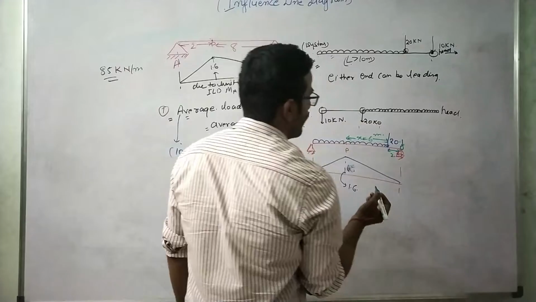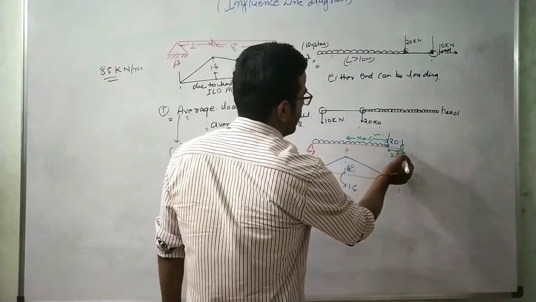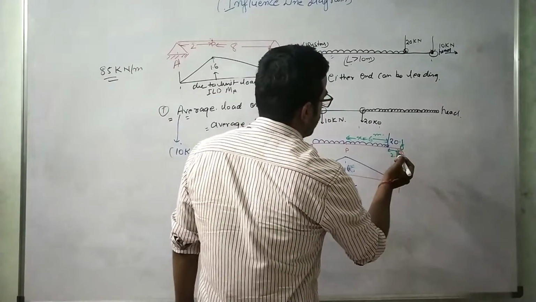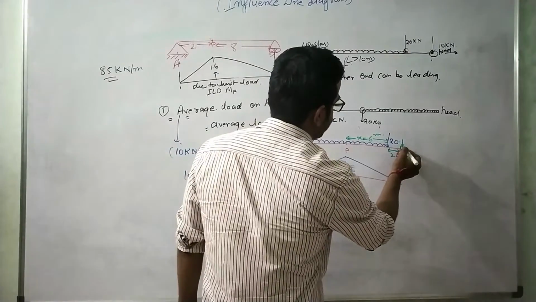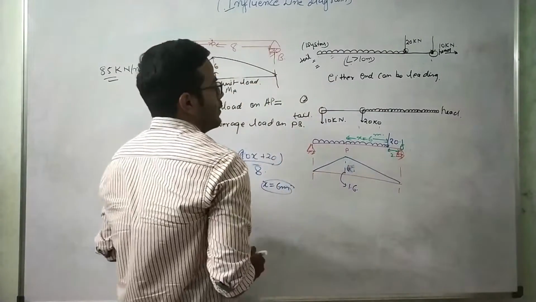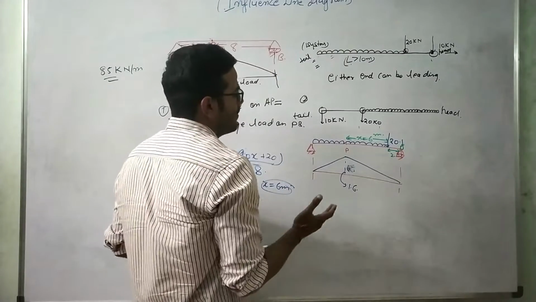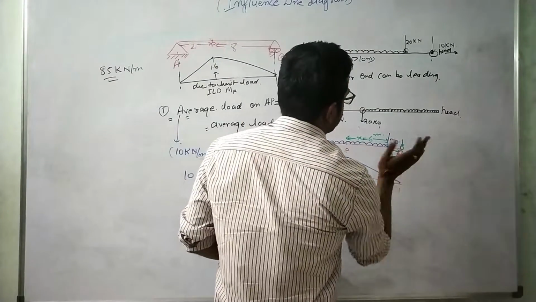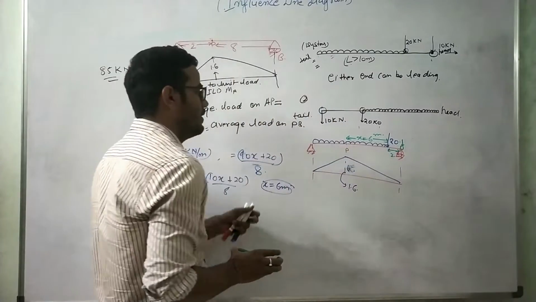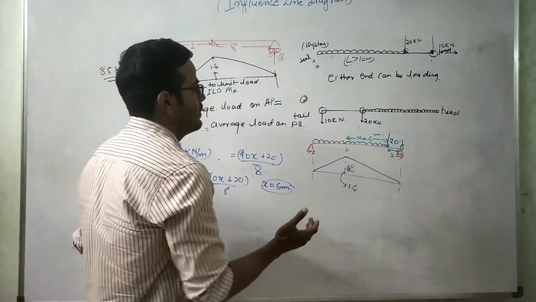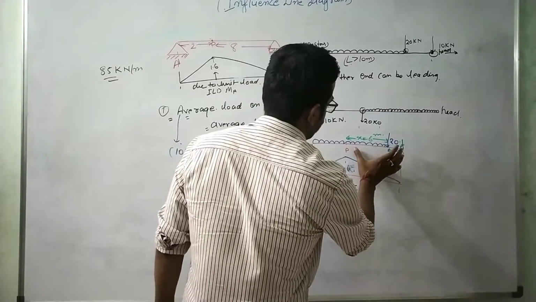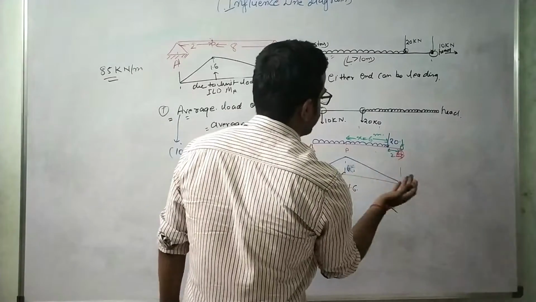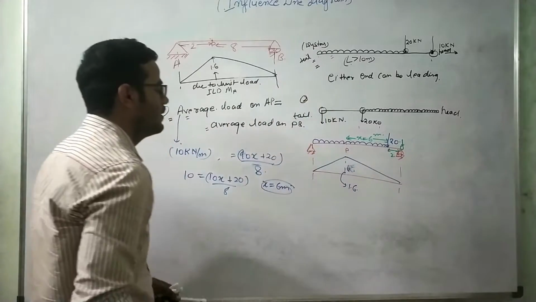If that load is acting on the support, you cannot say that this load is transferred to the beam, the whole load is transferred to this support only. You can understand it like this, that this load had just crossed this support, or that this load is about to cross this beam, so no load is transferred on this beam, right?